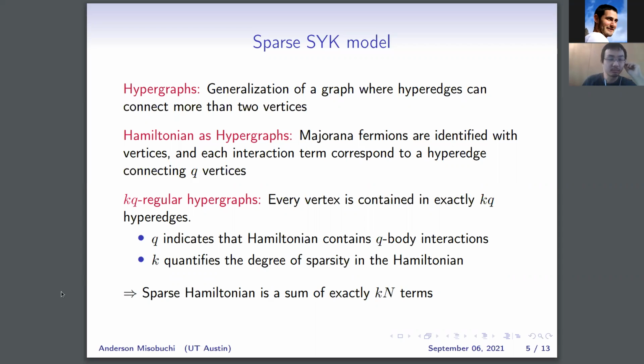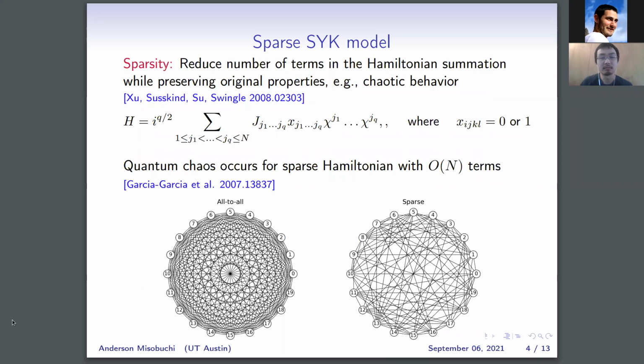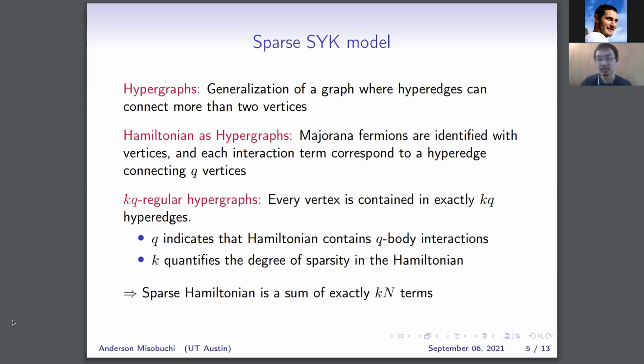If you make k smaller, then the system is more sparse. With this choice, you can just count, the Hamiltonian contains exactly kN terms. Since the statement about quantum chaos needs only order N terms, it means that we can just have k of order 1 to be enough to reproduce the features of the original SYK.